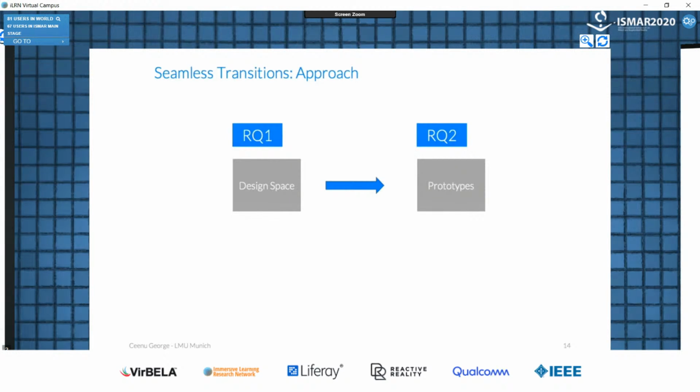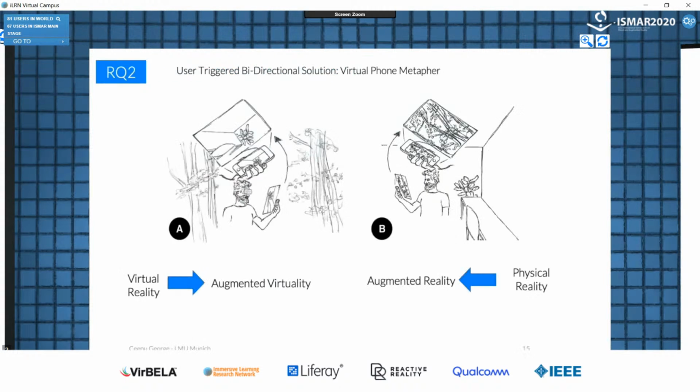And I'd like to introduce you to one specific prototype that we're also discussing in the paper. Specifically, I'd like to introduce you to our virtual phone metaphor. So here we're using the virtual phone as a metaphor for peeking into the other reality. Peeking into the other reality is not necessarily a new concept.